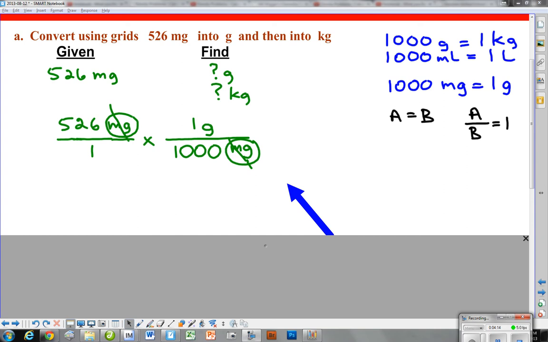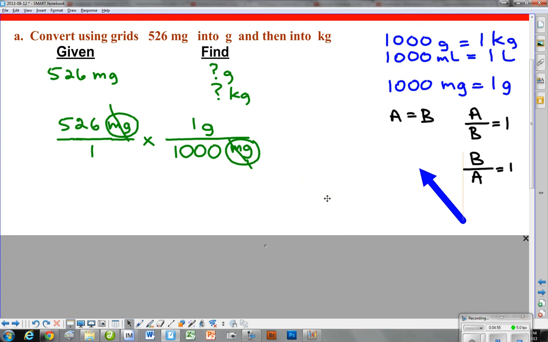Because anything that equals something else, when you divide the two, since they're both the same, like 1 divided by 1 is 1, and 5 divided by 5 is 1, and 1 million divided by 1 million is 1. Anything divided by itself is 1. So the other neat thing that I can do is I can put my fraction upside down, which is handy depending on which way you're trying to go with your conversion. And that's still equal to 1. Pretty cool stuff. That's why I can get away with this. And it works.